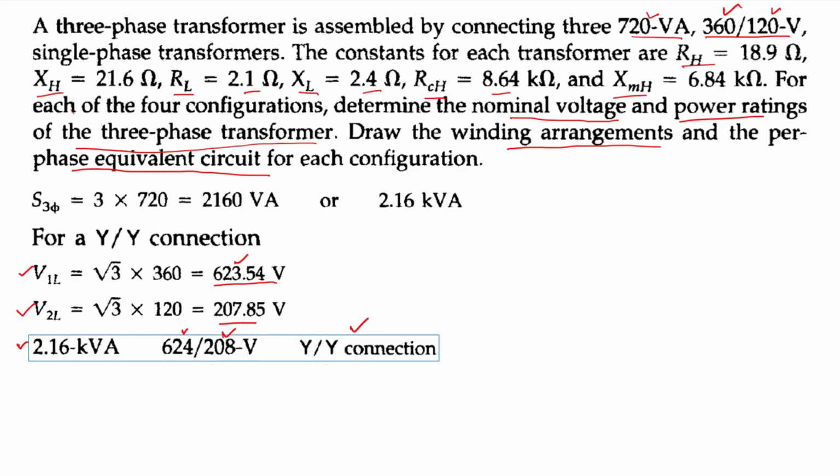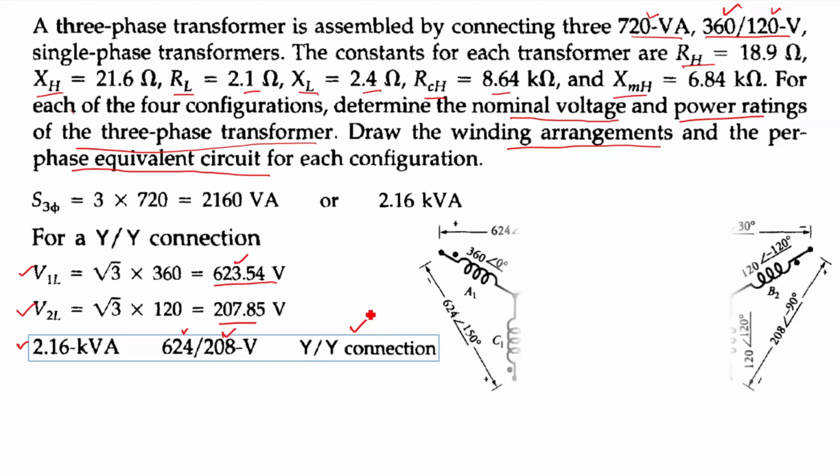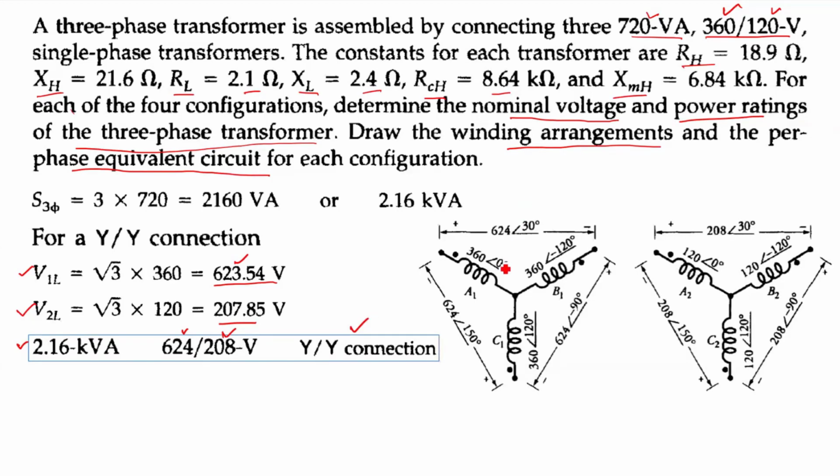Now if we see the winding arrangement, it is very simple, right? We just need to connect all the phase windings in star fashion. These phase windings are rated at 360 and 120, and these are the line voltages given. Similarly on the secondary side we have this connection.